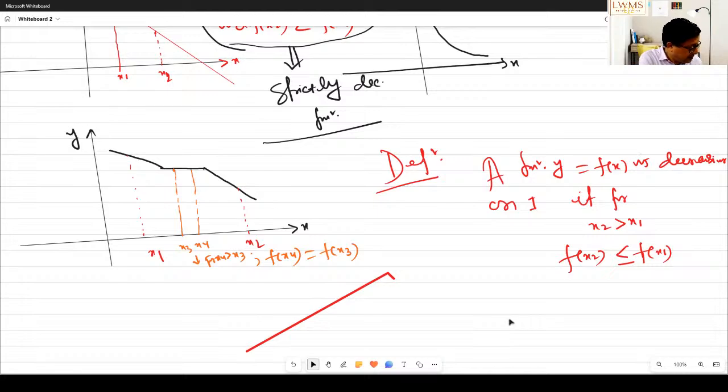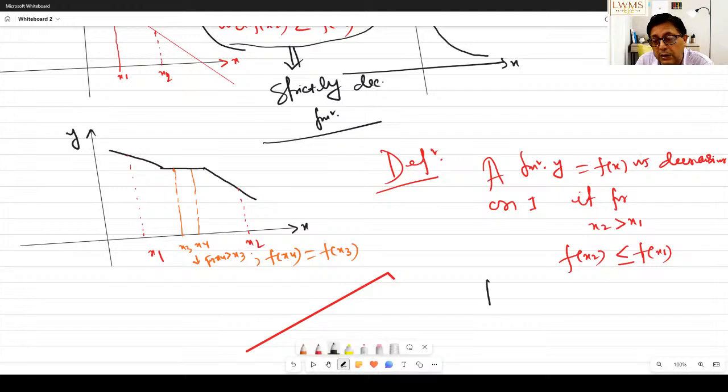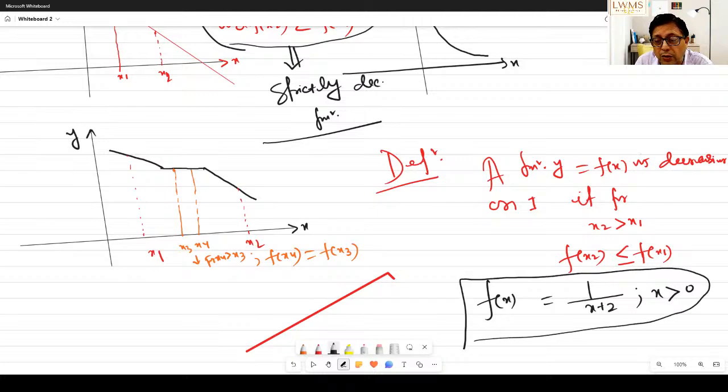Now you take a function, say f(x) equal to 1 by (x plus 2) for x greater than 0, or I am writing another one for you, f(x) equal to 3 by x square.